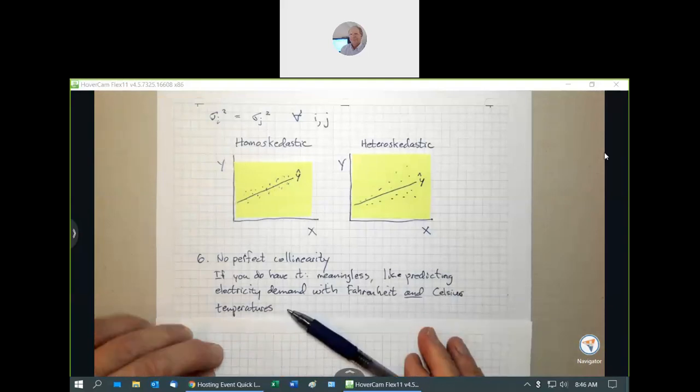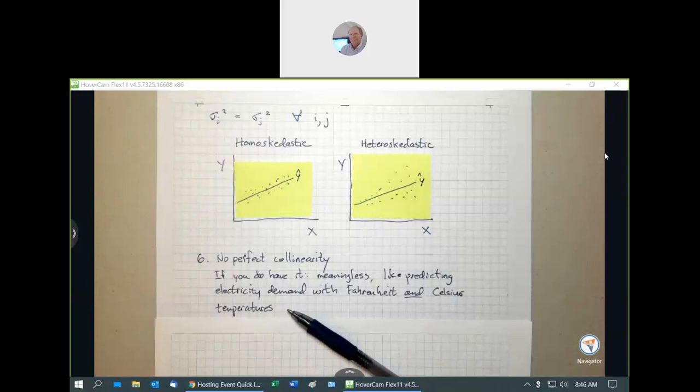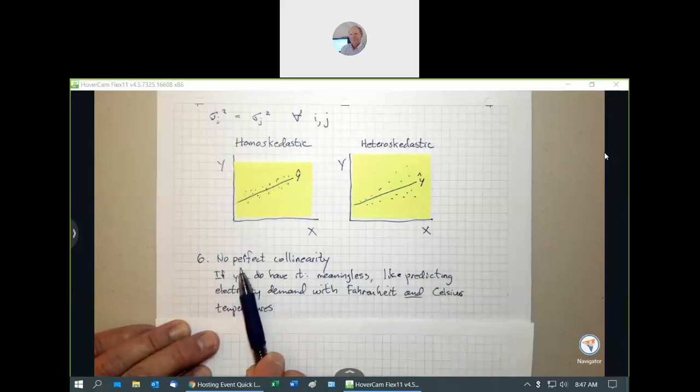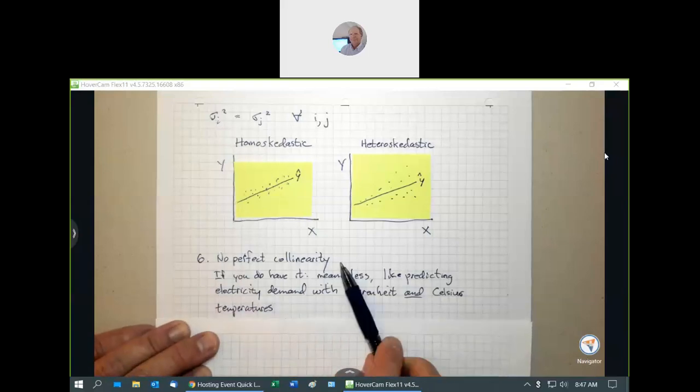We all know that electricity demand depends on the temperature. Hot summer temperatures cause the demand for air conditioning to go through the roof. So in your electricity demand estimating equation, you'd want to have the temperature there. But if you had the Fahrenheit temperature and you threw in the Celsius temperature, you'd be throwing in a perfectly correlated variable. And then you'd be violating this assumption, no perfect collinearity.